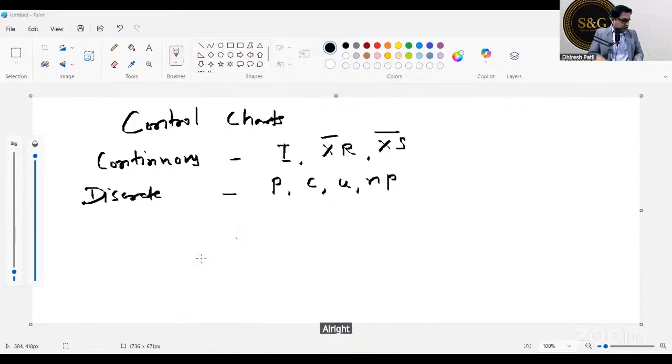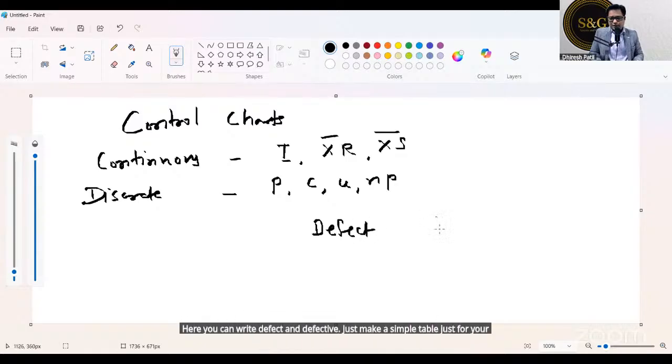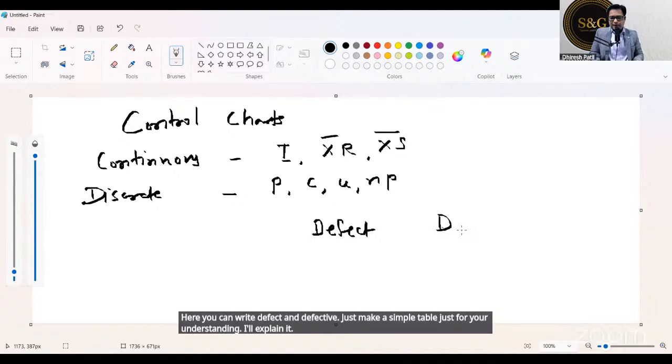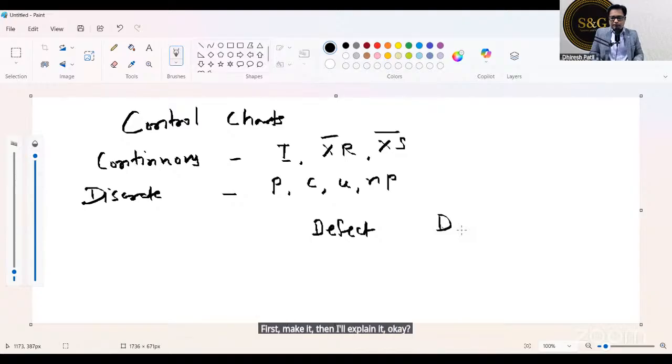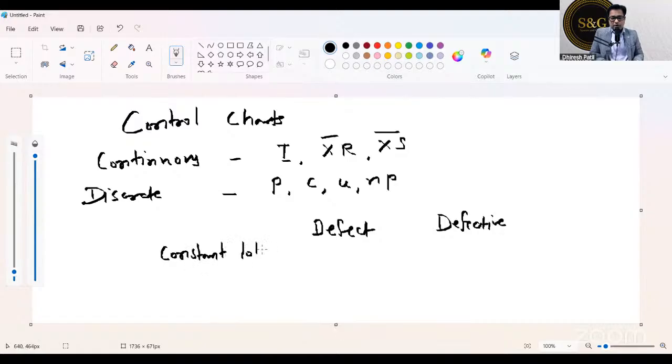All right, so here just make a table. Here you can write defect and defective. Just make a simple table just for your understanding. I'll explain it. First make it, then I'll explain it. Defect and defective. And variable lot size. Lot meaning the sample size basically.